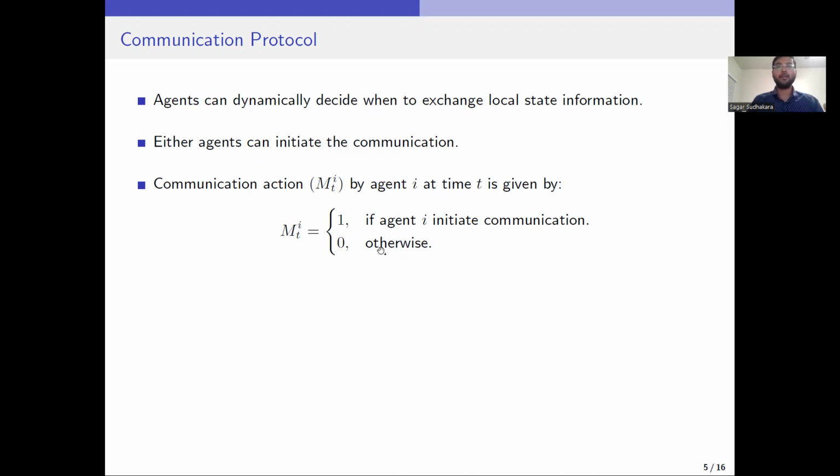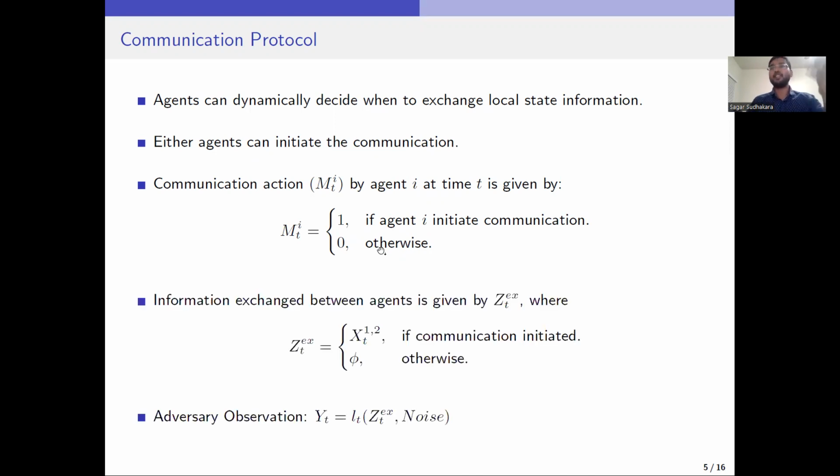It's a binary variable. Similarly for the other agent. And for information exchange between these agents, if mit is 1, the information exchanged zxt is x1,2t. So if the communication is initiated, the local states of the agents are shared between them. Otherwise, it is just none.